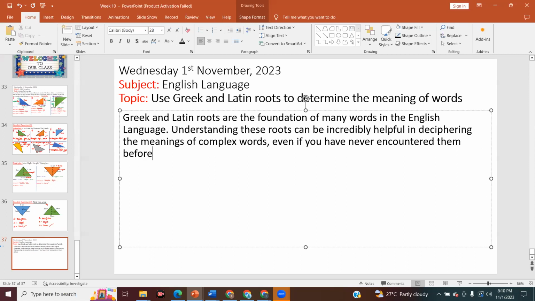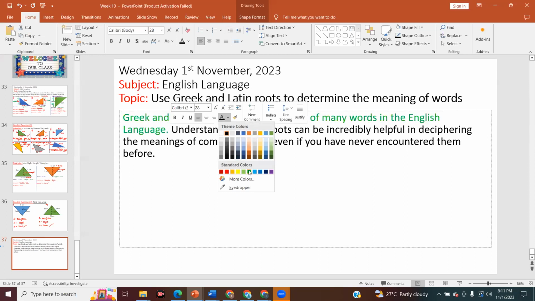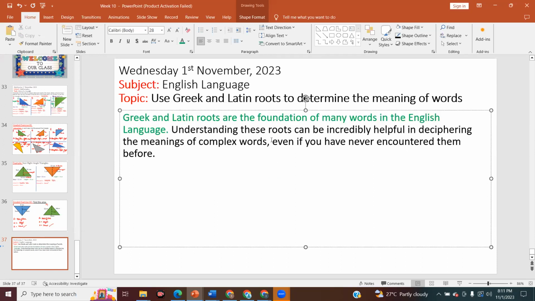So let's say you have a word that you've never seen before, but you know the Greek and Latin roots, then you could use those roots to help you decipher or figure out what's the meaning of that new word. Okay.